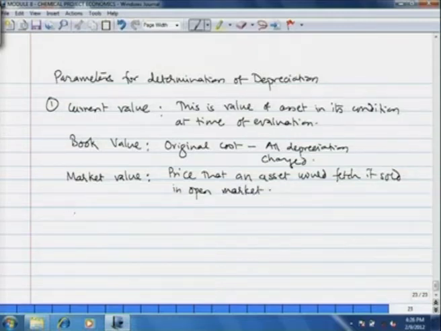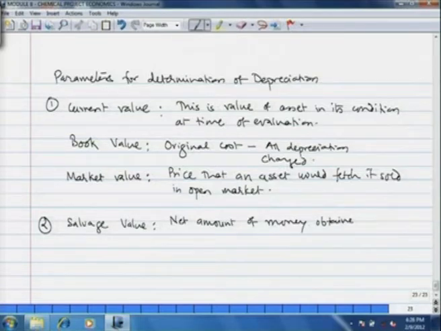And then we have salvage value. Salvage value is the net amount of money that is obtained from sale of used property when its life is over. Now, most of the time, the used property is sold as is where is condition.